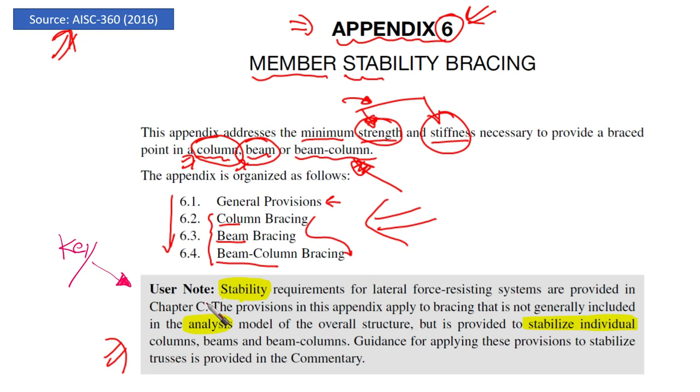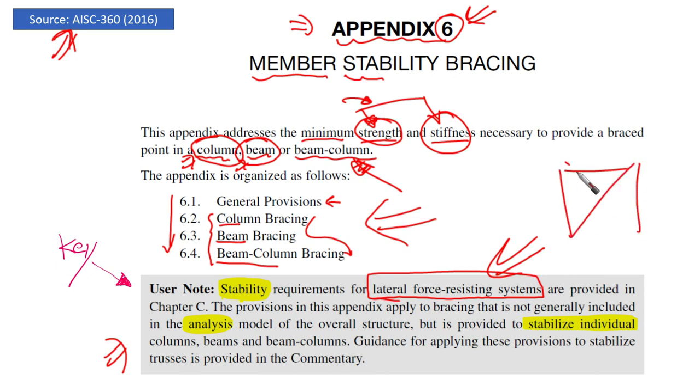There is an important note here already in the appendix. I'm going to read it because it's really important. Stability requirements for lateral force resisting systems are provided in Chapter C. This is for lateral force resisting systems. It means that we have different types of bracing.